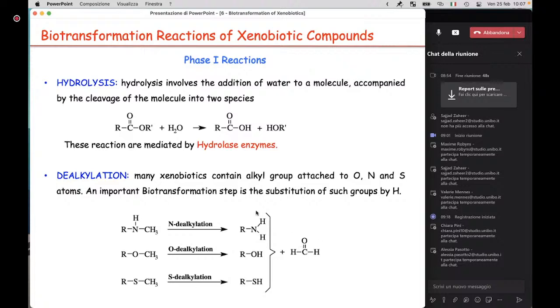So we are producing, let's say, a smaller molecule broken down and an aldehyde. Or in some cases, the ketone. But the important thing is that it's not the simple alkyl group that goes off, but an oxidized form of this alkyl group, usually aldehyde or ketone.